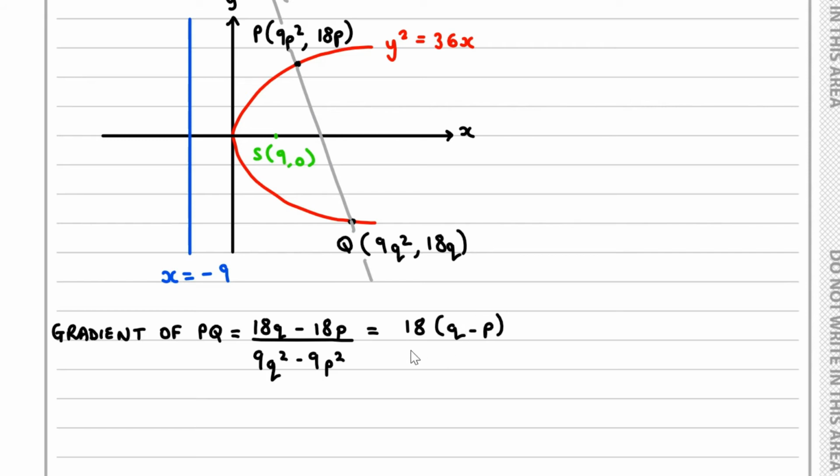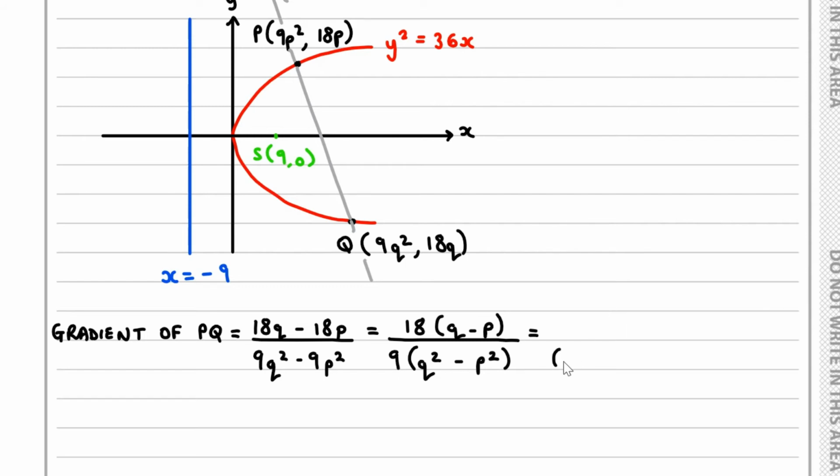And on the bottom, we have 9 lots of q squared minus p squared. On the bottom, we can factorize that as a difference of 2 squares, and also we can recognize that 18 divided by 9 is 2.